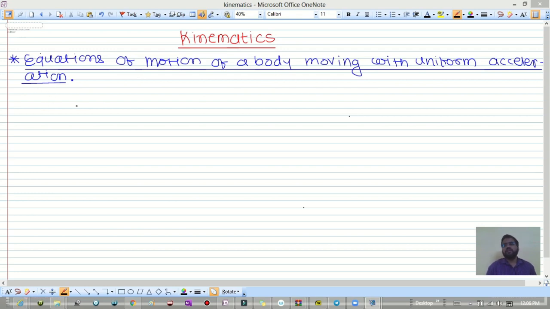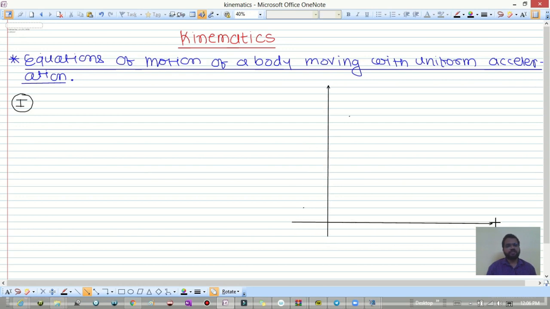In this first equation of motion, we can actually calculate it by using the graph over here. As you can see, this is the graph.